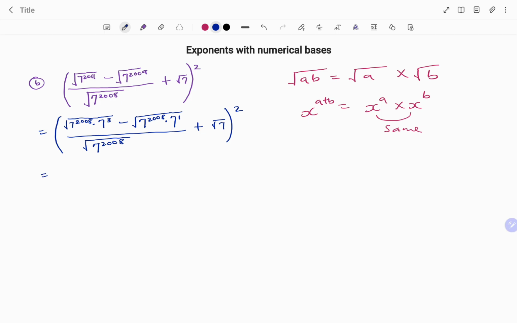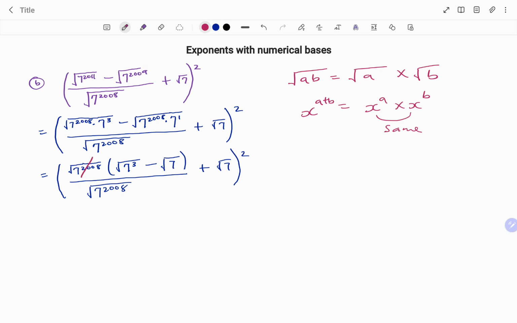Factorizing, at the top I have in bracket root of 7 to the power of 2008 in bracket root of 7 cubed or 7 cube minus root of 7, and at the bottom I have root of 7 to the power of 2008 all plus root of 7 and all squared.